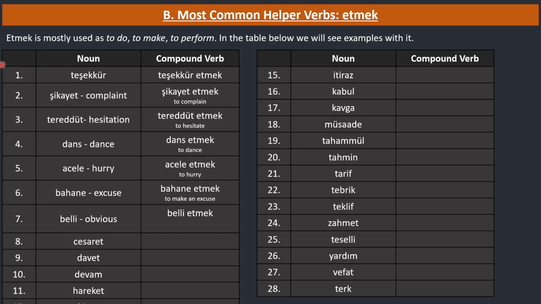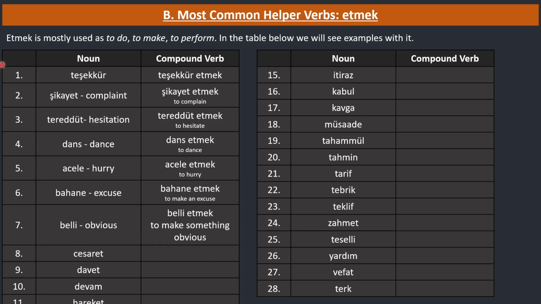In that case, you will say, for example, bu hareket, this movement belli etti. Bu hareket senin imposter olduğunu belli etti. Or sen çok belli ediyorsun. You are making it so obvious. Sen çok belli ediyorsun. To make something obvious or to give away. As a to give away, to make it obvious.